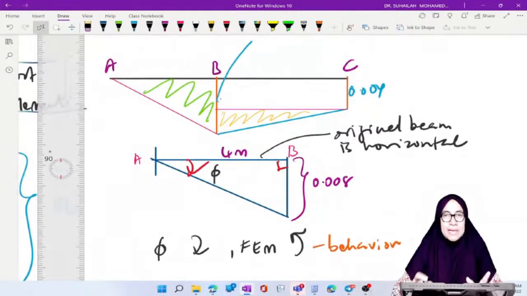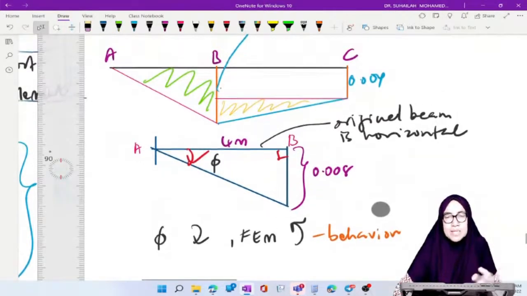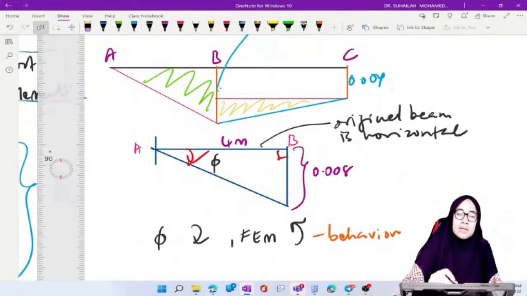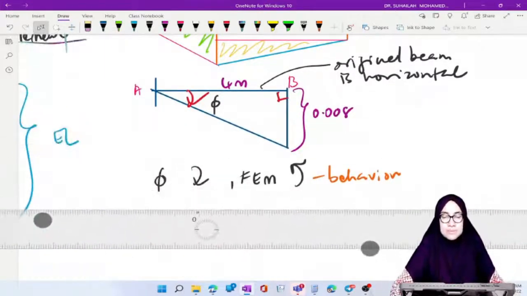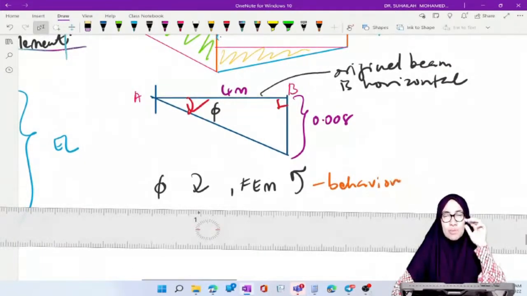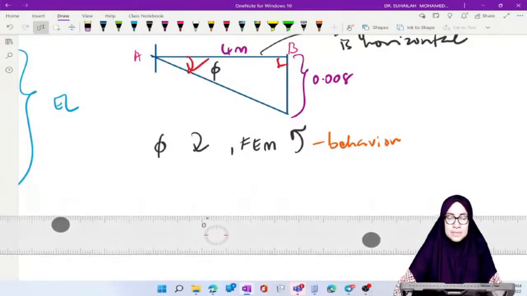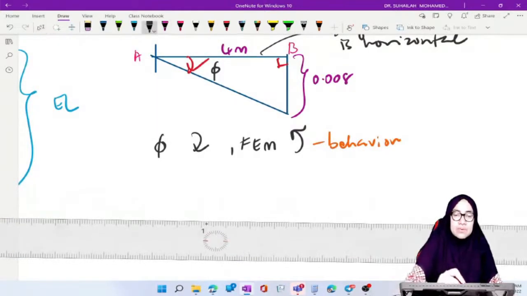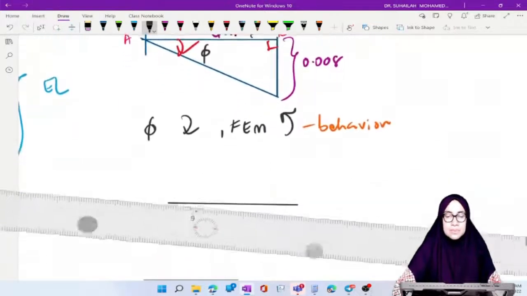So what about BC? For BC, the triangle, the vertical length from the lowest position, is like this.